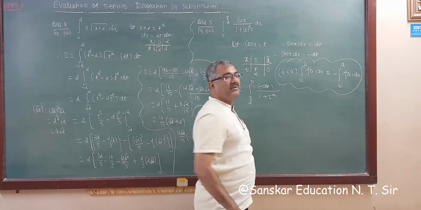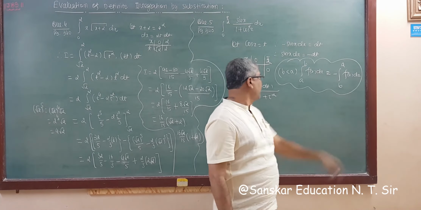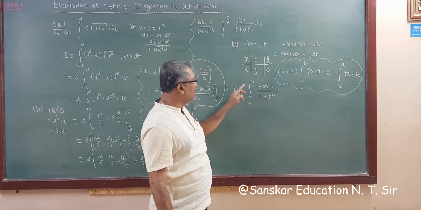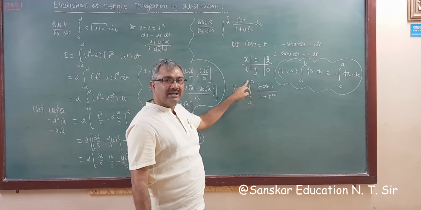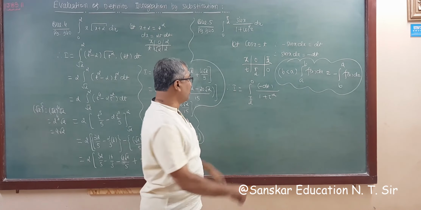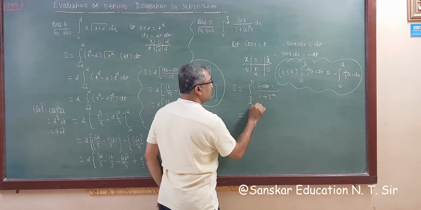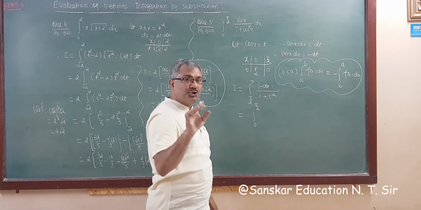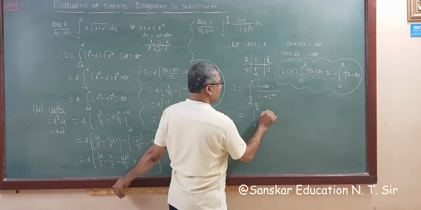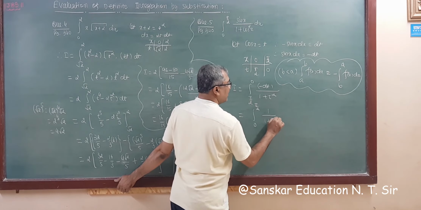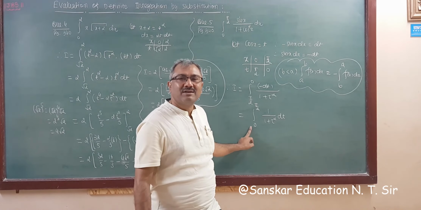You can change the limit, but if you change the limit, then the integration becomes negative. So here minus is here, and the lower limit is 0 and pi by 2 is the upper limit, because 0 is less than pi by 2. So I am writing, changing the limit using this formula, then this becomes 0 to pi by 2. No need to change, okay? If you wish, then change, otherwise no need to change. It is not necessary. But if you write the lower limit in place of lower limit, then it is a nice thing.